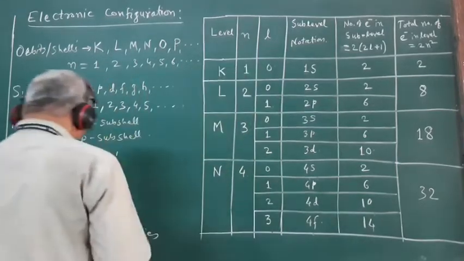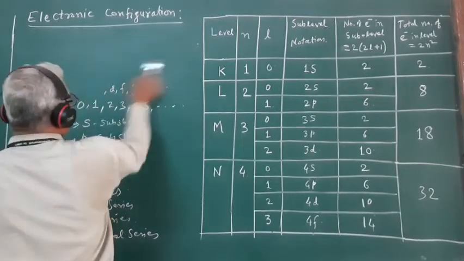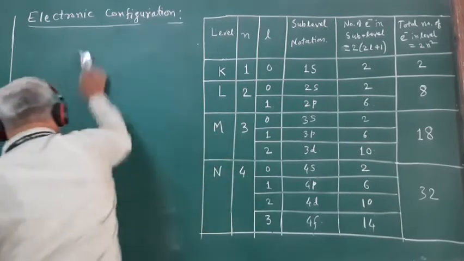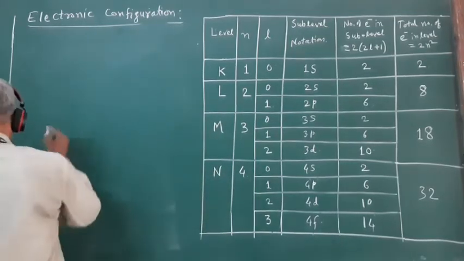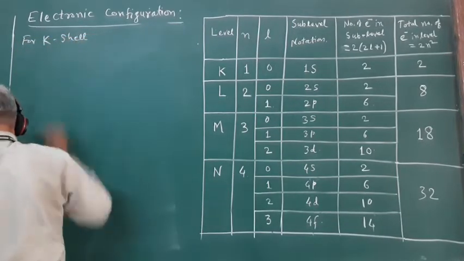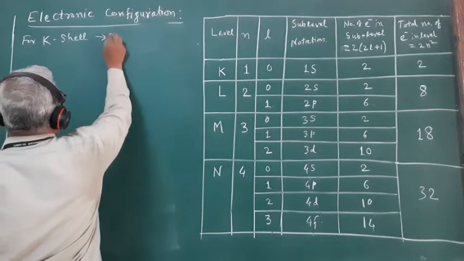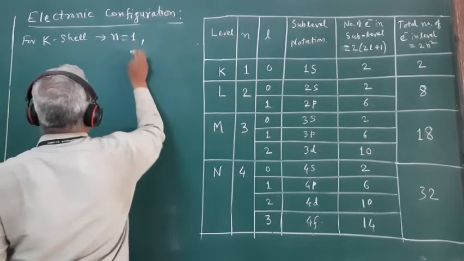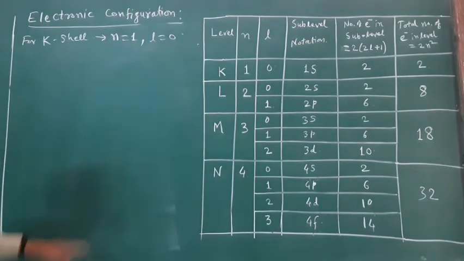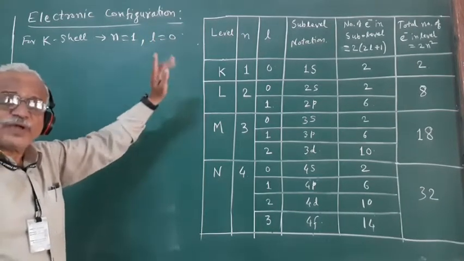Then, for K shell, let us see the K shell. We know that for K shell, the value of principal quantum number n is equal to 1, and that of orbital quantum number l is equal to 0, because the values of l start from 0 and proceed up to n minus 1.